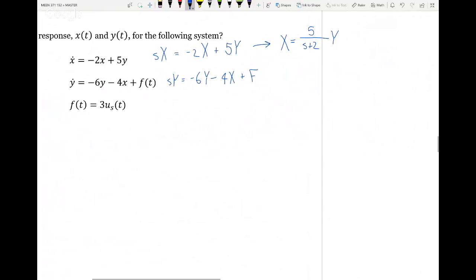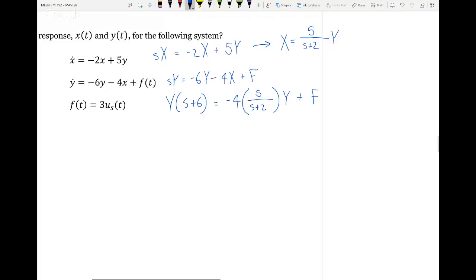First of all, we can bring all the y's to this side, so y times s plus 6 equals negative 4 times 5 over s plus 2 y, plus f.